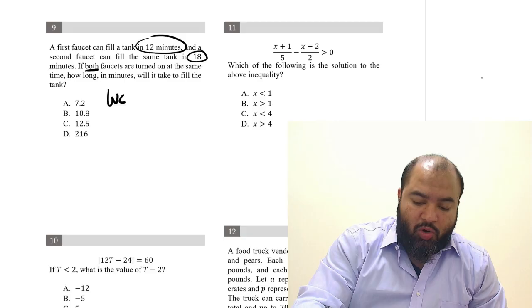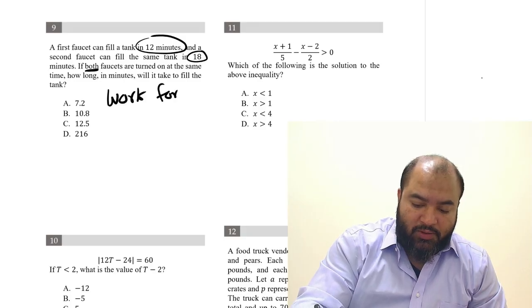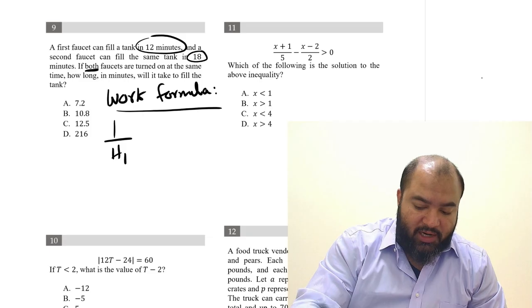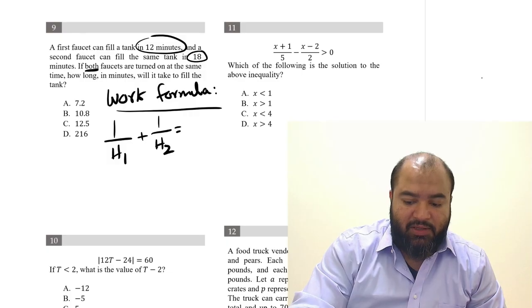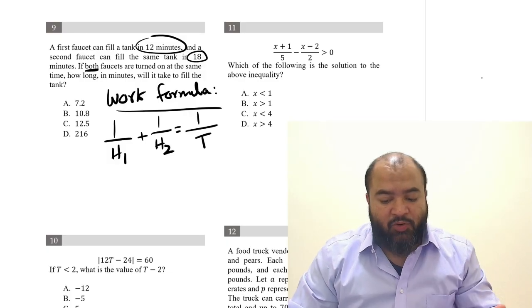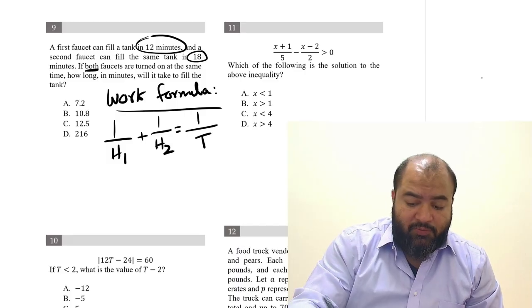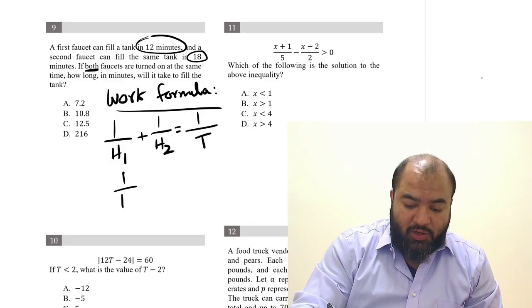I call it the work formula. That means 1 over H1 means the rate of the first one plus 1 over H2, the second faucet or second guy, whatever the question is, equals 1 over T. T is together, if they work together. So the first faucet is 1 over 12 minutes.